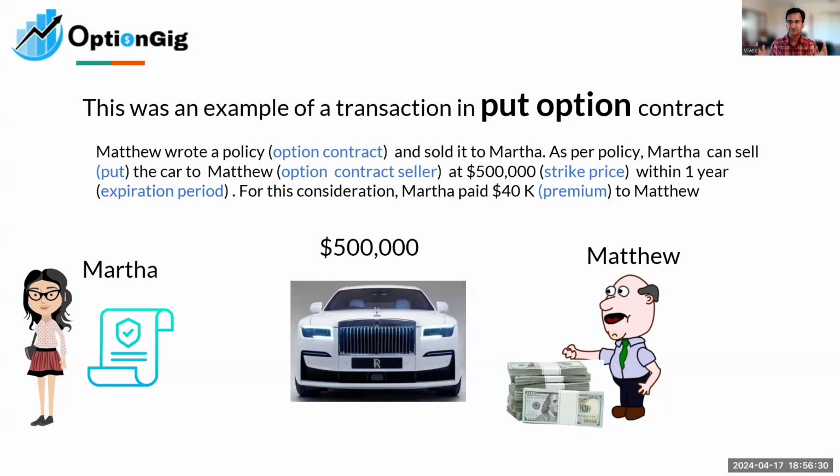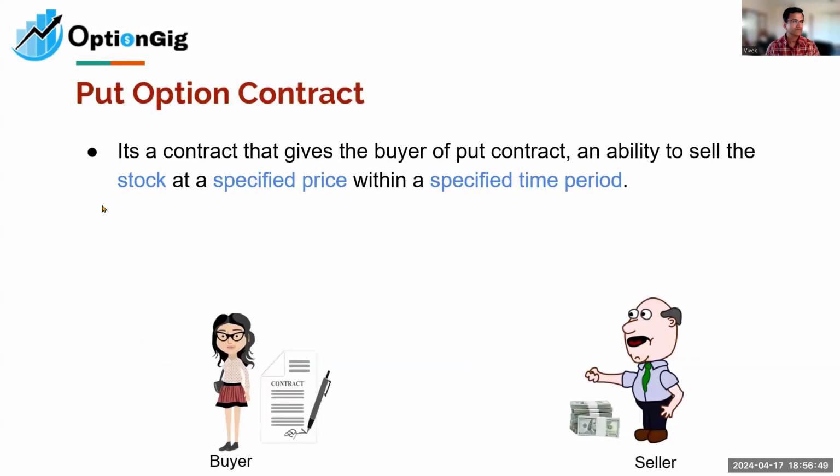So options are not complex. This is a put option contract. Matthew is writing that put option contract. Martha is buying the put option contract. If you buy a put option contract, it gives the buyer the right to sell a stock.